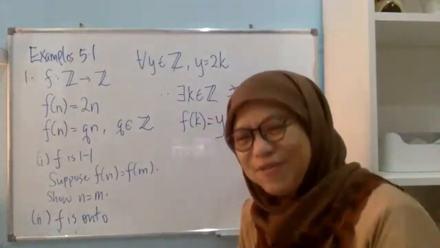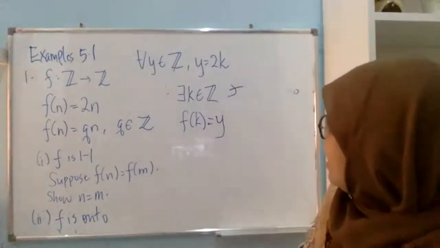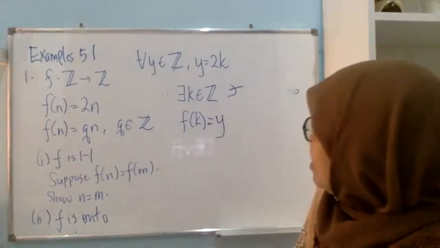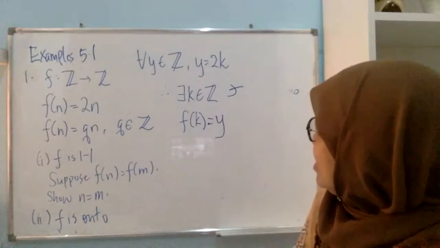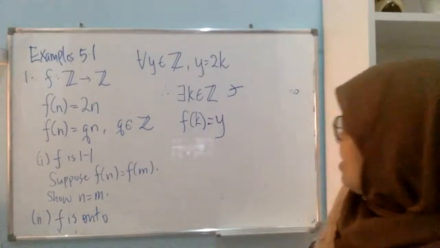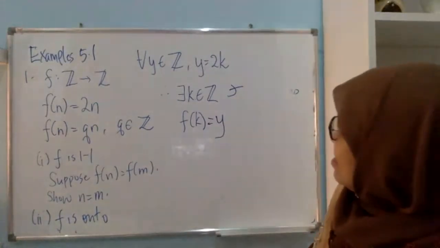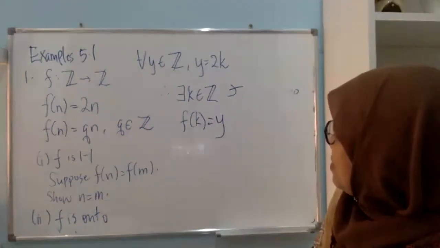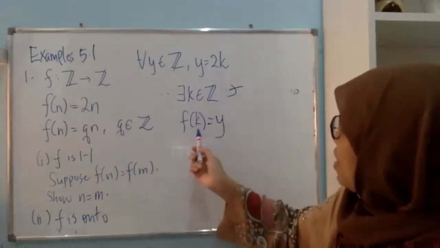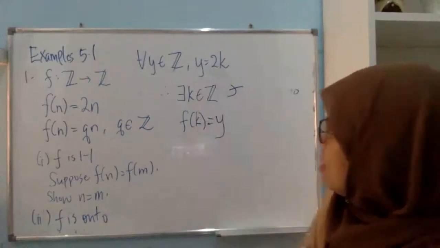Why am I laughing? Maybe 2y. Maybe 2y? So okay. F(k) equals 2k, 2k is y.